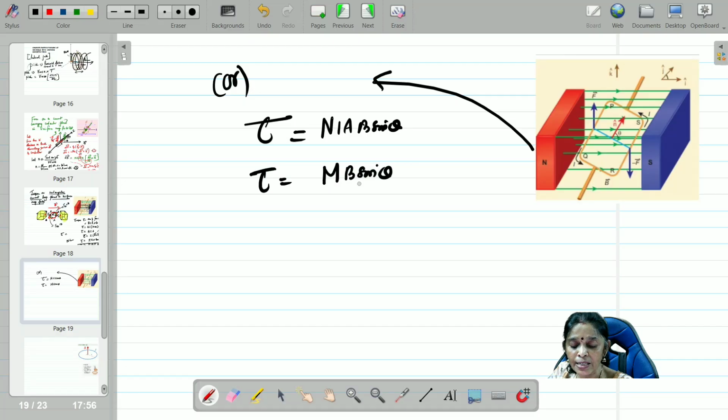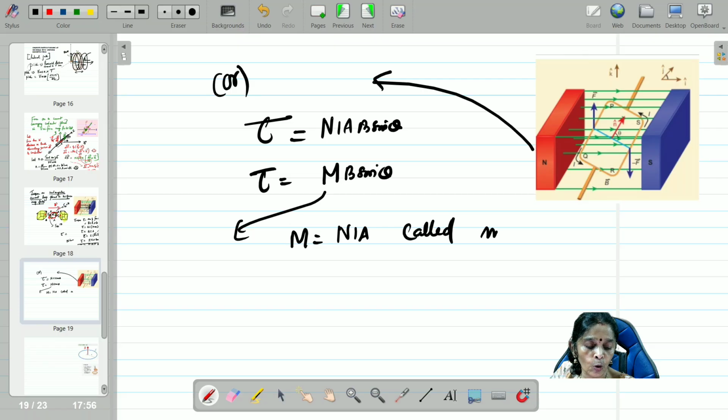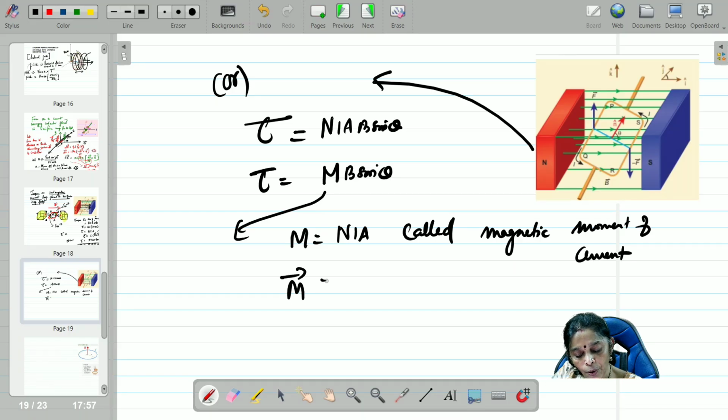Why am I writing MB sine theta? Where M is equal to NIA, called the magnetic moment of the current loop. So M vector is equal to NI into A vector. The direction of the magnetic moment is the same as that of the area vector.